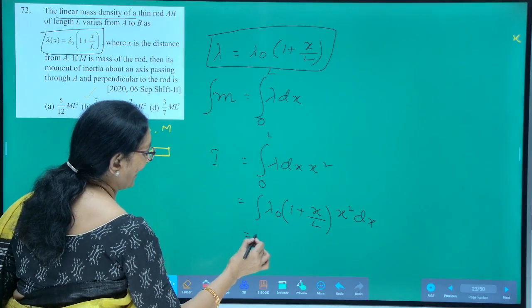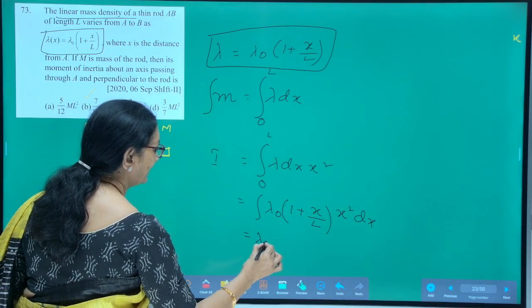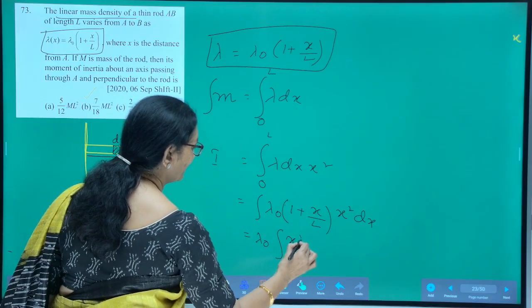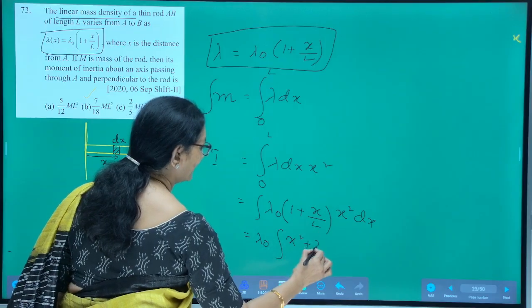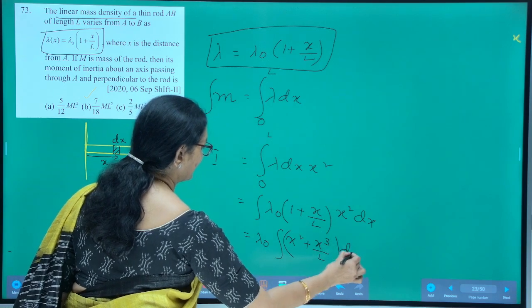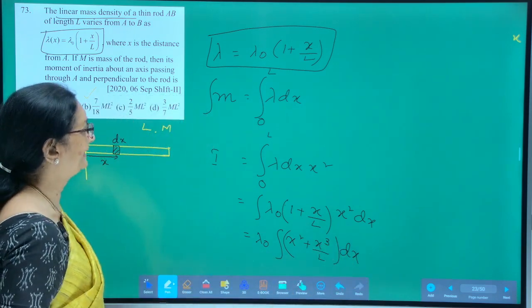Let us expand this. Lambda naught we can take outside because it is a constant factor. So, x square plus x into x square, that is x cube by L, dx. Let us integrate that.